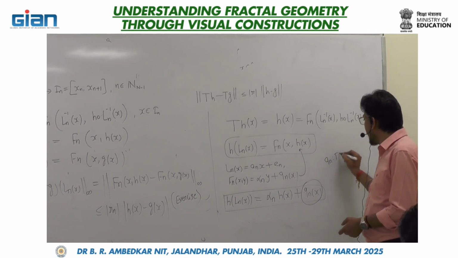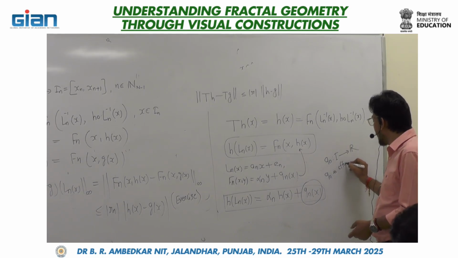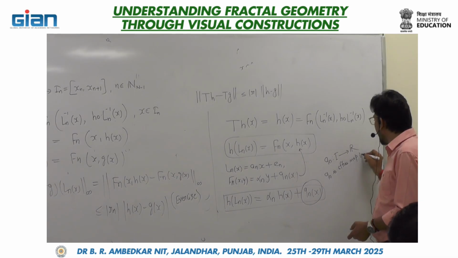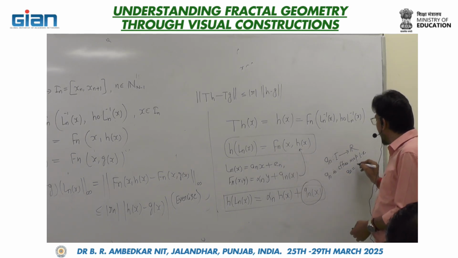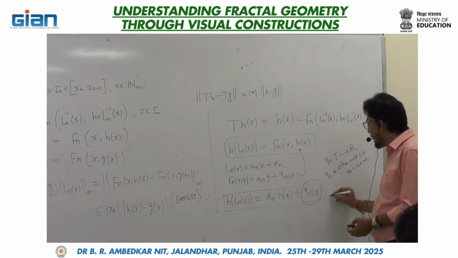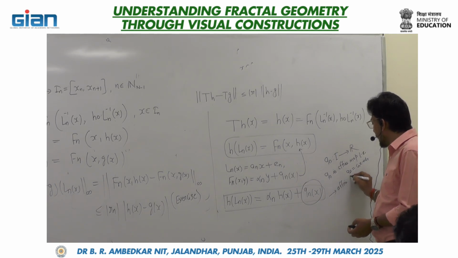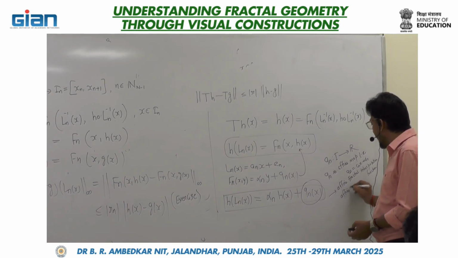If you take qn as an affine map, let us say qn equal to Cnx plus Dn, and you replace here, then this will give you an affine fractal interpolation function, or affine FIF.